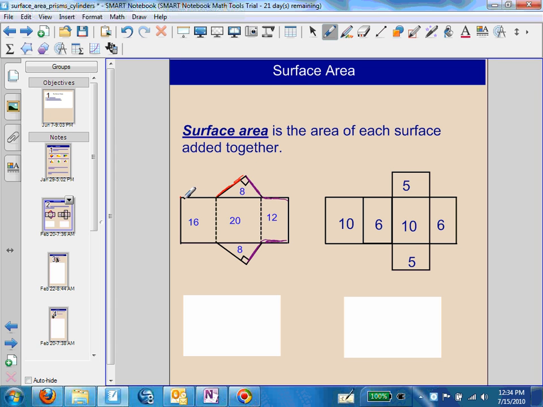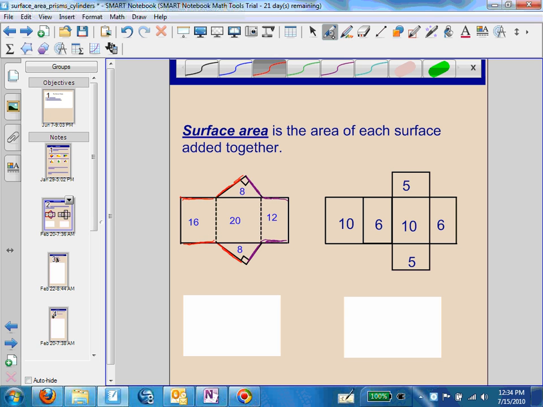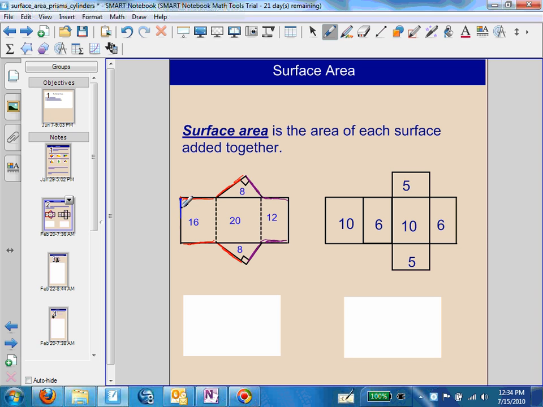This side is going to fold down to connect with the top side of the 16. This side is going to fold down to connect with the bottom side of the 16. And this tall height of the 16 would connect with this tall height of the 12 to help you visualize how this figure would be folded in on itself to become a triangular prism.